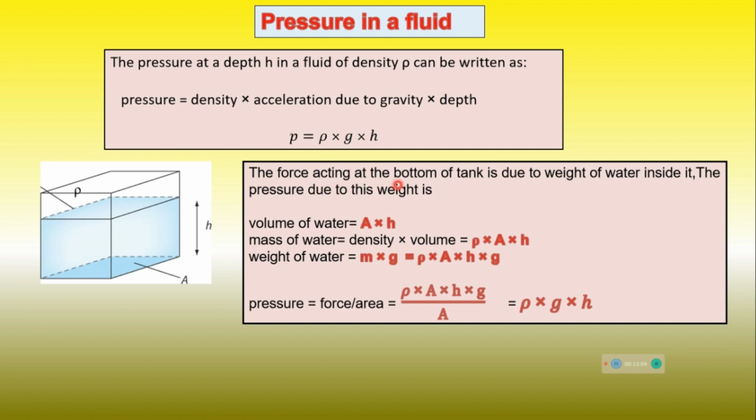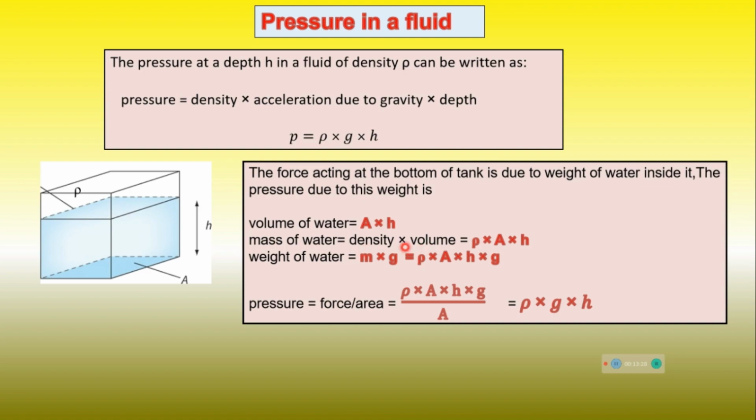The force acting at the bottom of a tank is due to the weight of water inside it. Let's consider a tank filled with water and the height of the water is h. The pressure due to the weight of water at the bottom of the tank: now volume of water will be area multiplied by height, A multiplied by H, and mass of water is equal to density multiplied by volume.